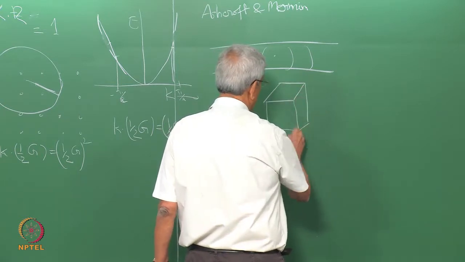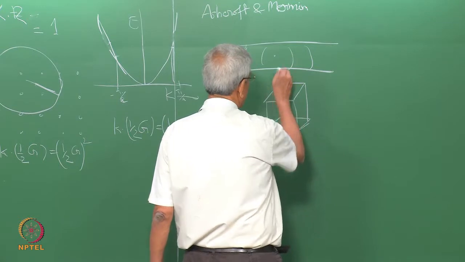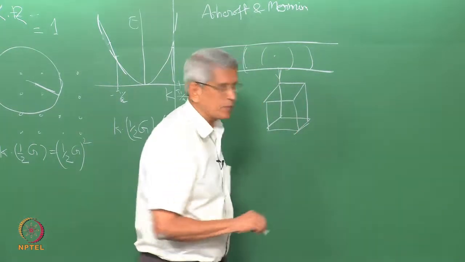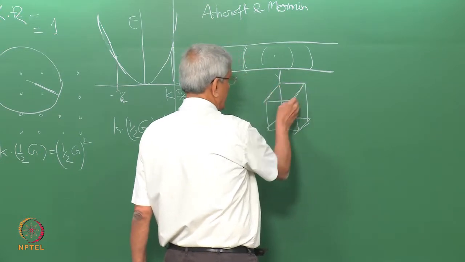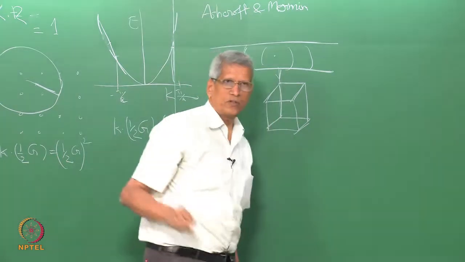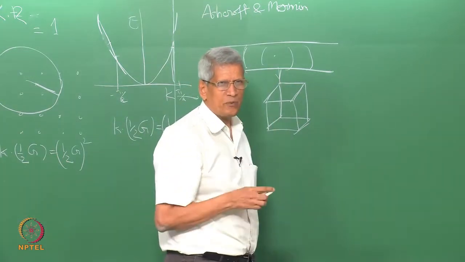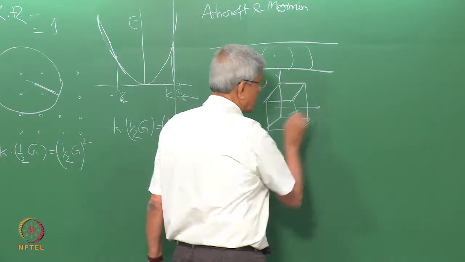Suppose I take a cube like this. This is the direction in which the beam is coming. You assume that these planes are the ones which give rise to diffraction. The direction in which the diffraction spot will come is perpendicular to this, correct?